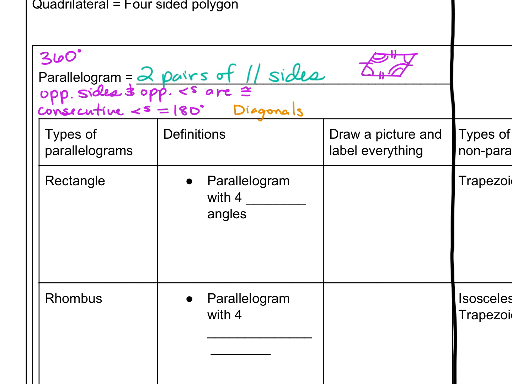Always equal 90 degrees. That would be in a more specific type of parallelogram. That's not every parallelogram. What about the length? The length of the diagonals. The diagonals do what? They bisect each other.